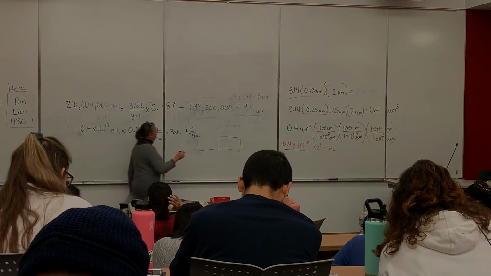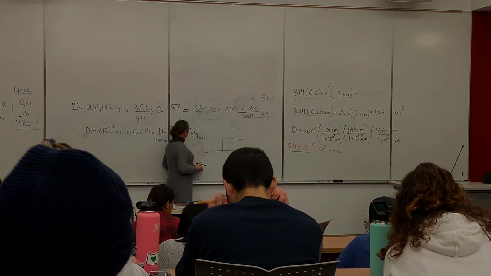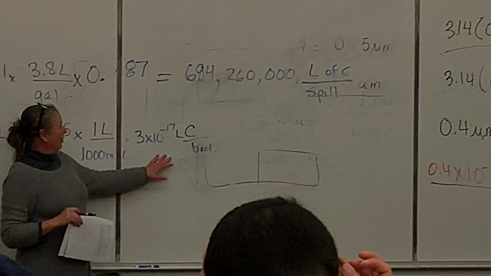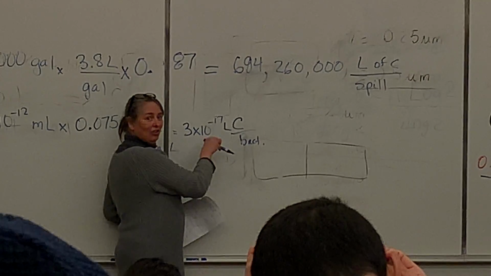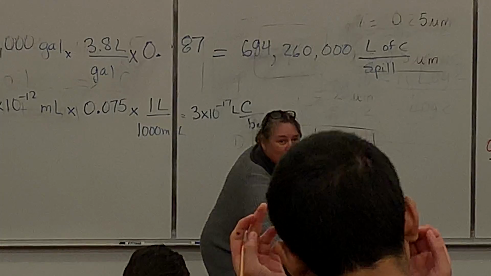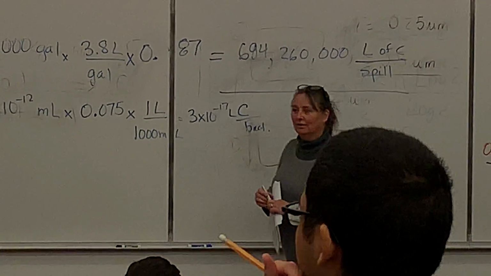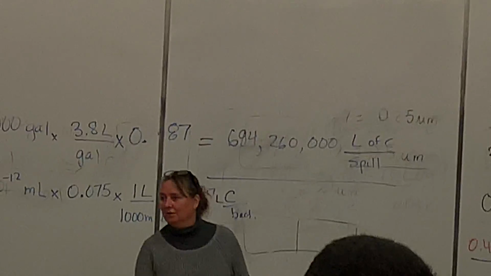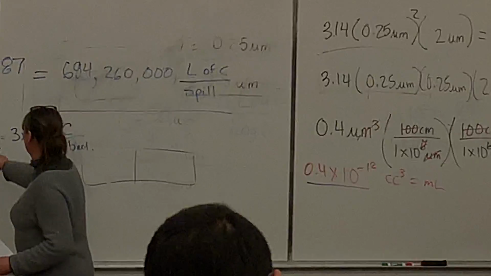So this is liters of carbon per spill. And we have liters of carbon per bacteria. And we want to know how many bacteria there are. So if we divide this, whenever you divide something, what do you get? I got 3 times 10 to the negative 14. Milliliters, but then we converted it to liters.